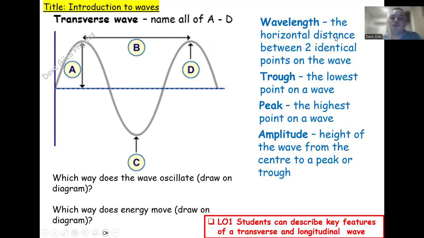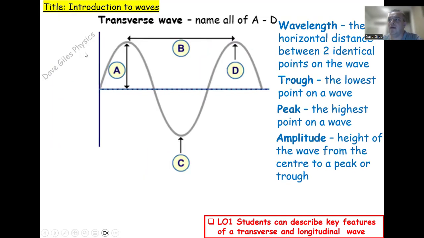Okay, I've put the definitions on here to help you out now. The first one, A, is the distance from the middle or the center point to the peak, or the top part here. We haven't defined peak yet. That is the amplitude.